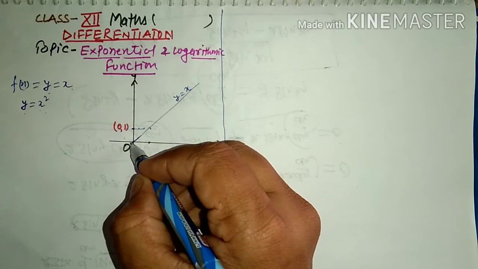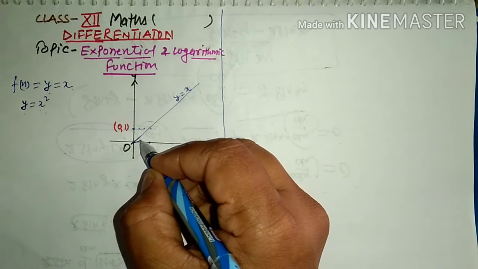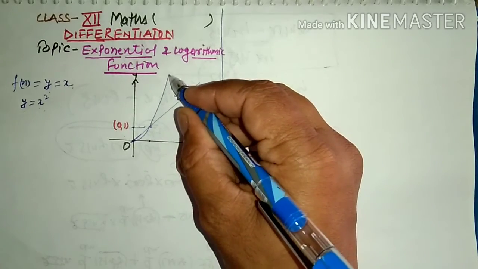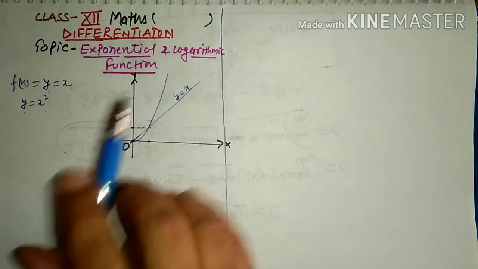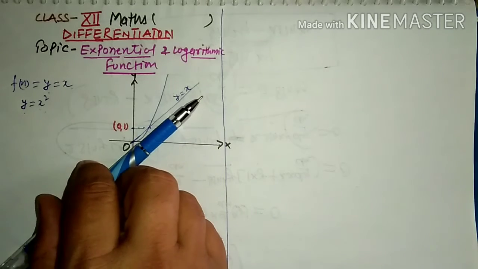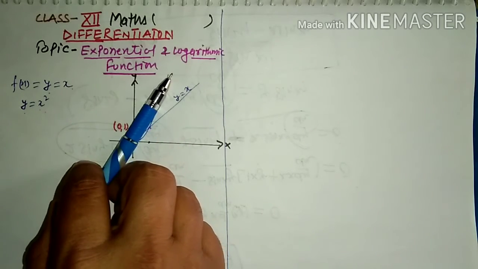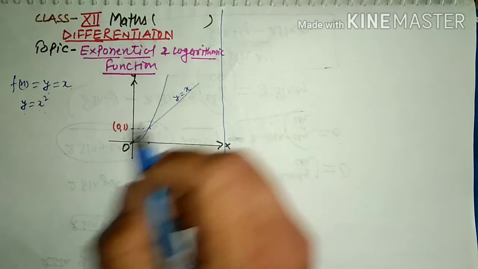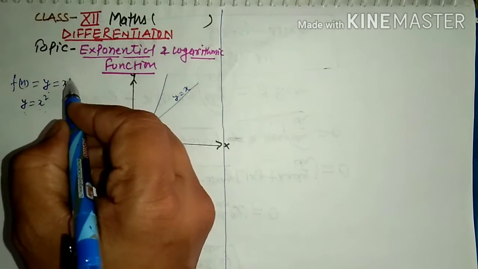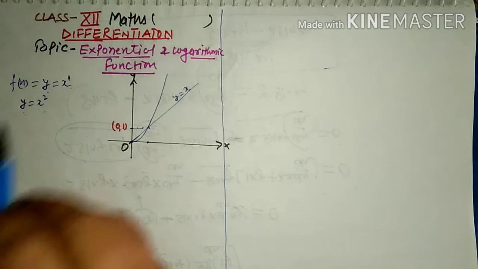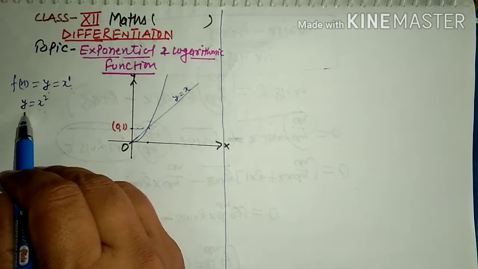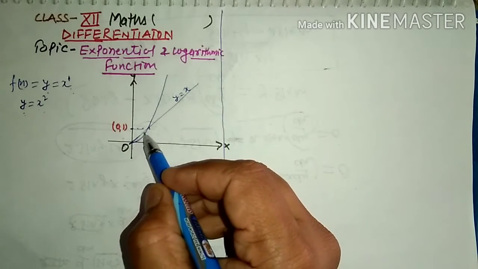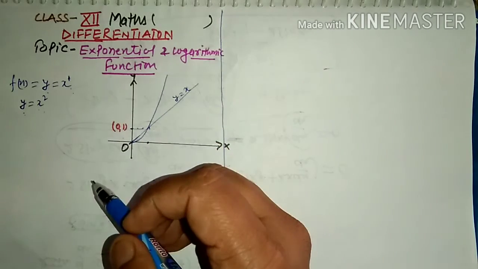So at 1 it moves like that, and after that it is moving straight, increasing function, meaning it is steeper than the previous one. Clear? What I observe is, when I increase the power of x, it is 1 in the first case, and in the second case I increase the power from 1 to 2, so we observe that now the graph is steeper toward the y.